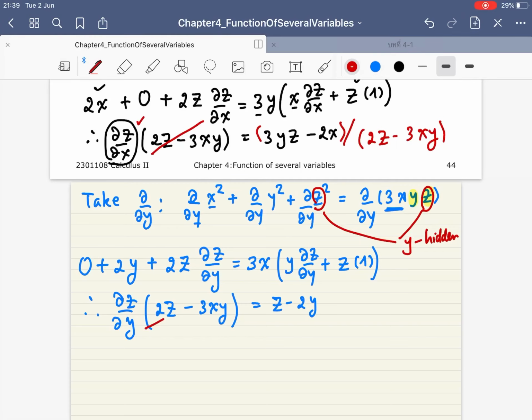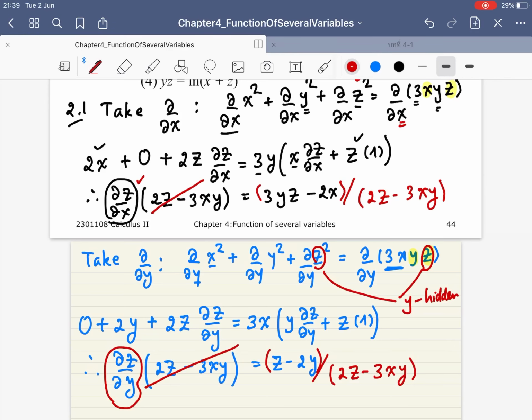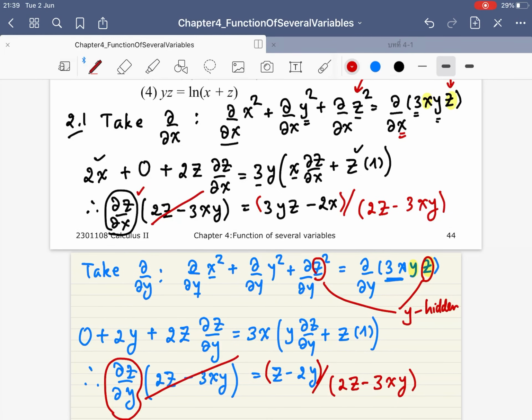So if you want that dz by dy alone, you just divide the right hand side by 2z minus 3xy. Okay, that's pretty much easy, just like this. So this is the problem 2.1.